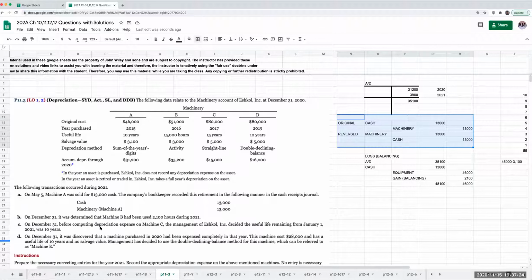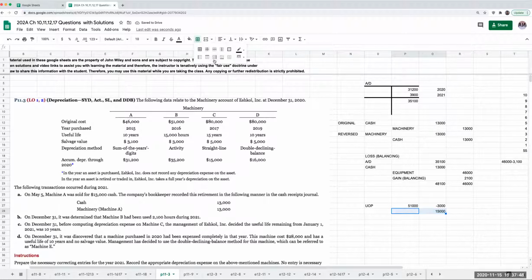On December 31st, it had been determined that machine B had been used for 2,100 hours. So for the units of production, this would be 51,000 less the $3,000 salvage value, divided by the total estimated hours of use, which would be 15,000.